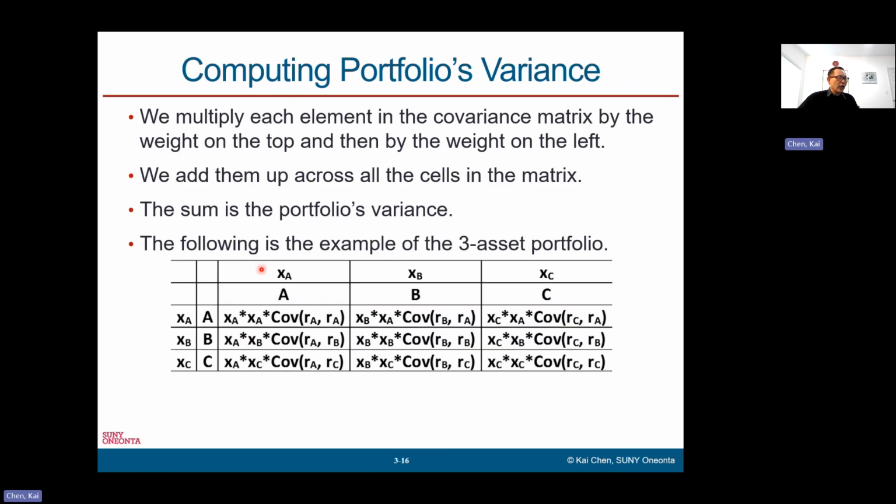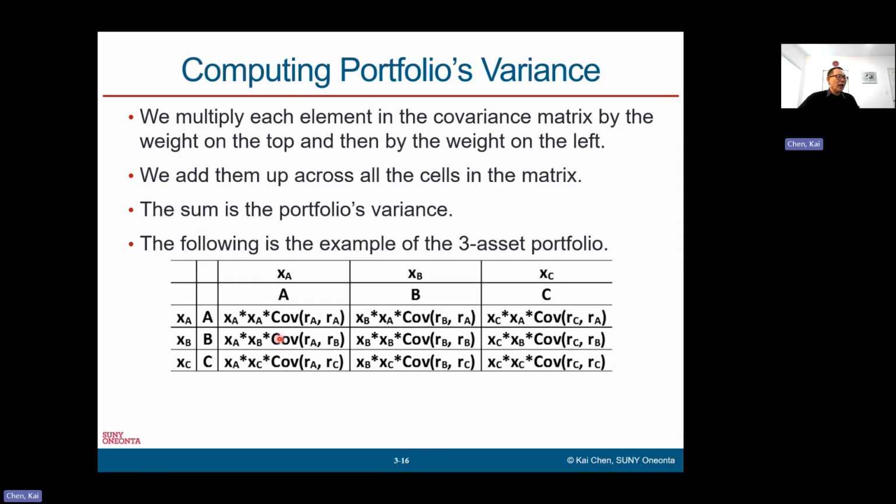Now this is a covariance matrix, and in each element, for example, in this element, column A and row A, here we have the covariance between A and A. We multiply this covariance by the weight on the top of the column, and then by the weight to the left. Then we have XA times XA times the covariance between A and A, right?